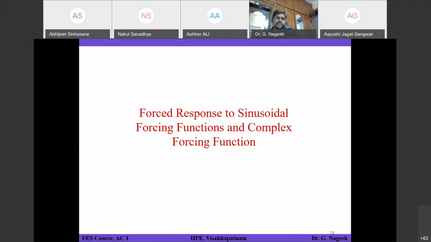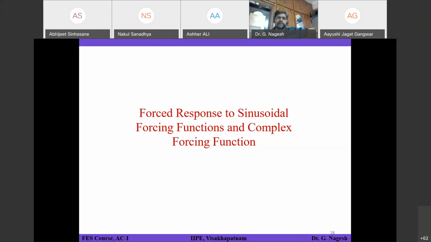When a circuit has Vm sine of omega t applied, we will see the current and voltage at different parts of the circuit.